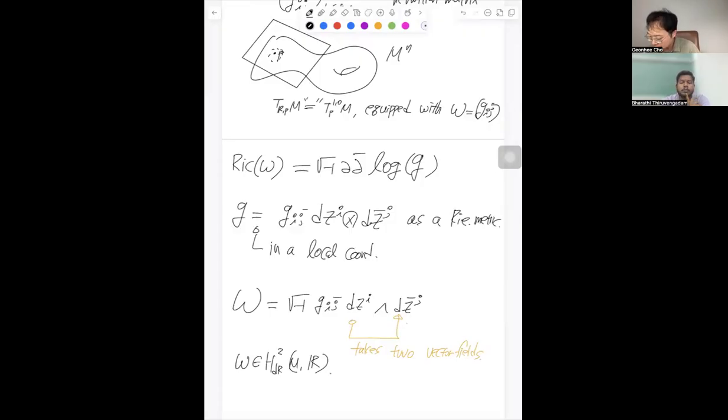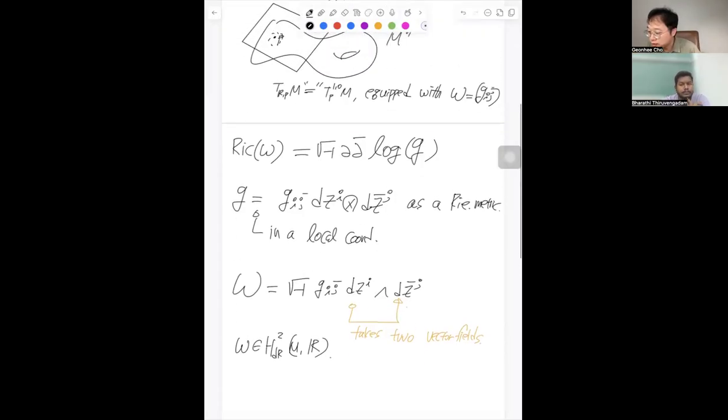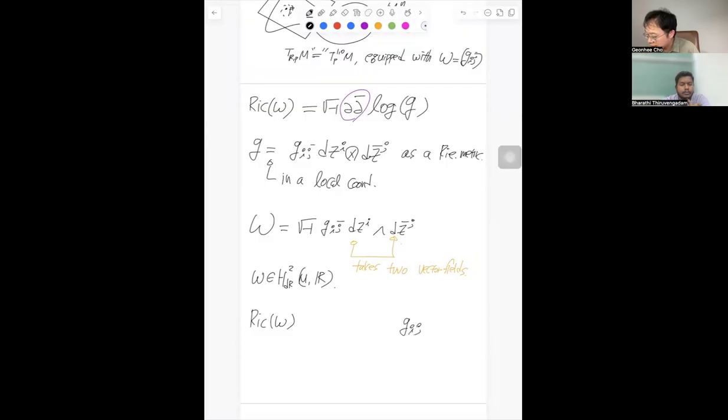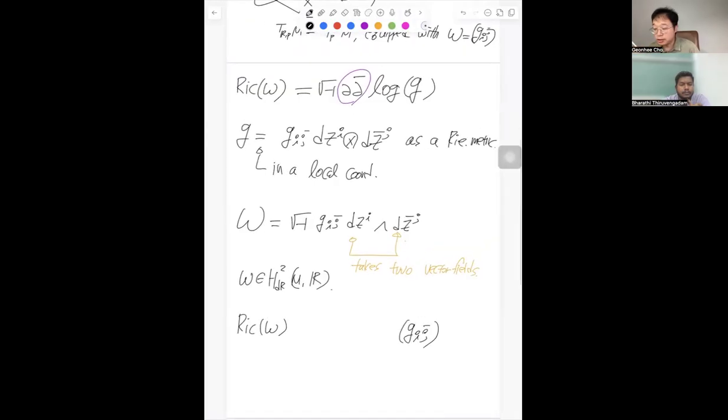So if you look at the Ricci form, there's an effect of the partial partial-bar. If you try to write this out, you have first this Hermitian matrix, and then, sorry, I should say the determinant of it, inside the log.